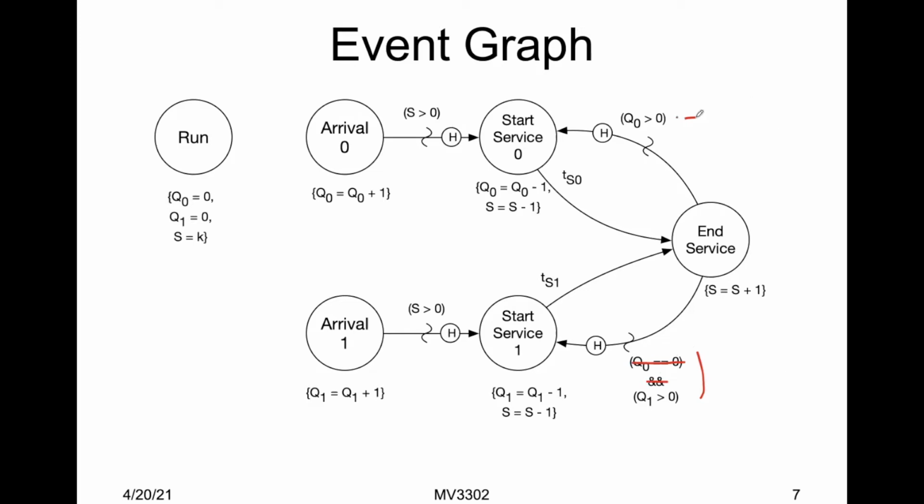In other words, if both of these are true, if there's both a 0 and a 1 available in the queue, and you only have one available server at this point, then this would schedule both a start service on a 0 guy and a start service on a 1 guy. And after that was done, the number of available servers would be negative. And once that happens, then all hell breaks loose, basically.